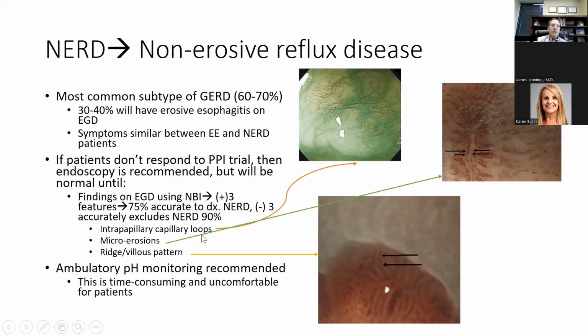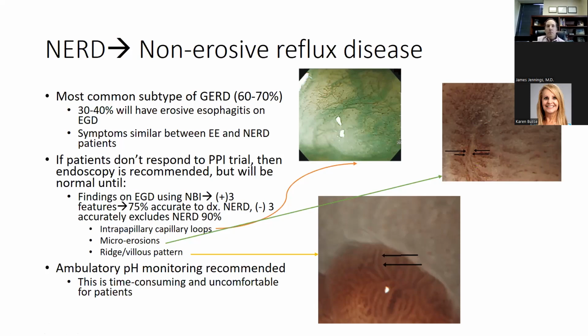areas very closely. We're looking for these capillary loops, we're looking for small erosions, and we're looking for an abnormal ridge pattern. If you have all 3 of those, then you're 75% accurate in diagnosing these patients with non-erosive reflux disease. And if you don't have any of them, then you're 90% sure that they don't have reflux disease, and we might need to look at another cause of their symptoms.